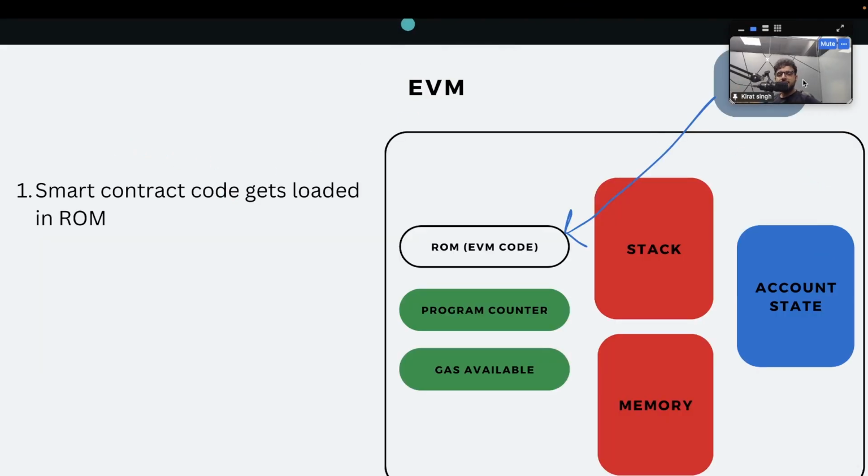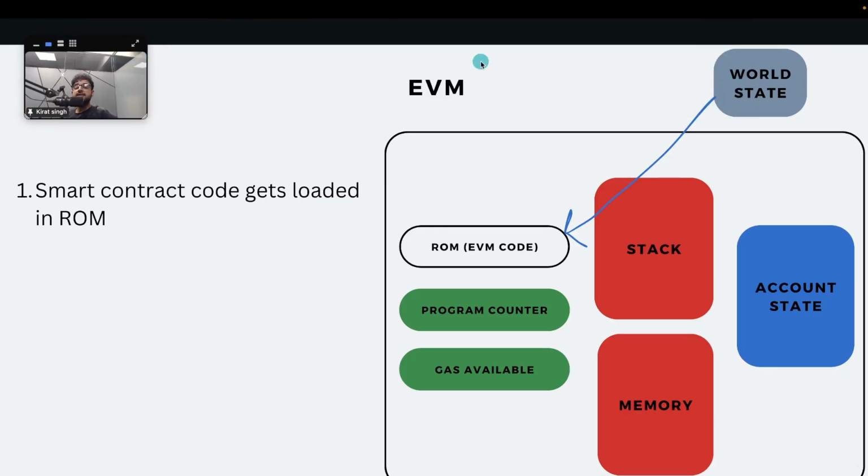When the transaction is picked by the specific virtual machine, आपने transaction भेजी. If you remember a while back, I said it reaches the mempool. If that gets picked by one of the miners, then the execution begins.